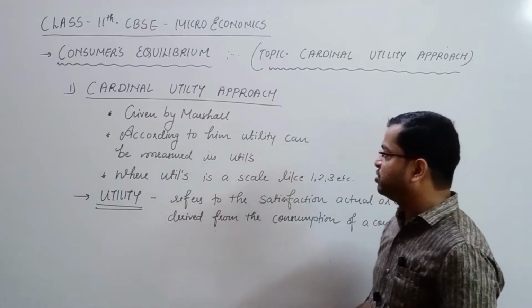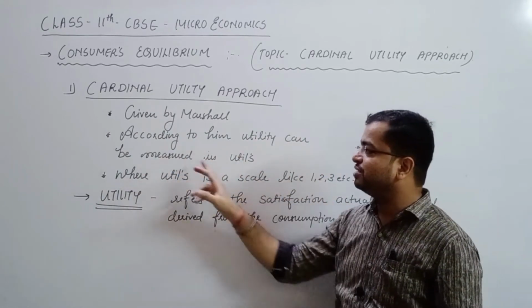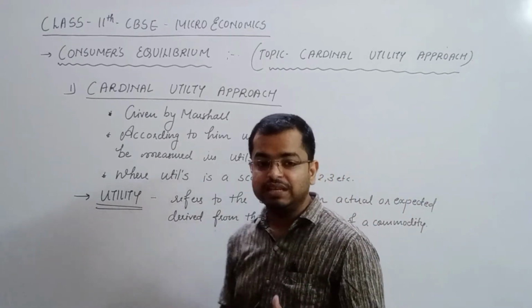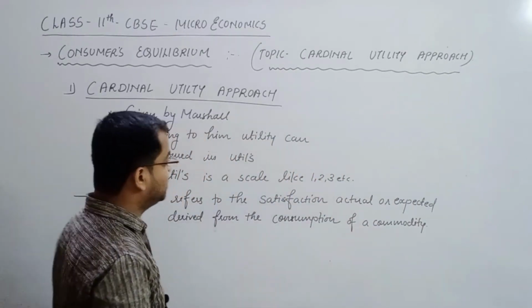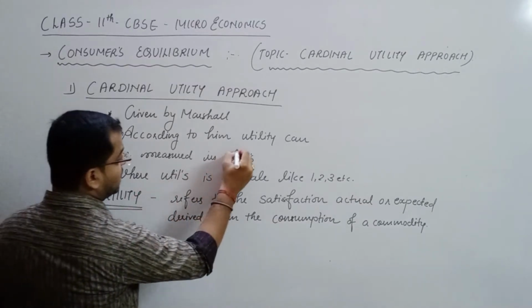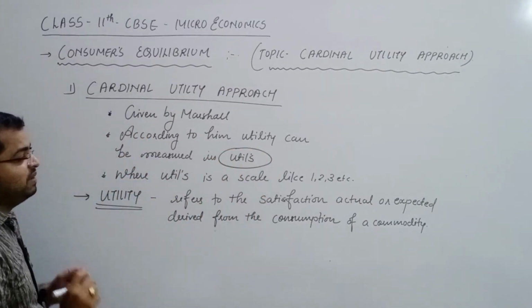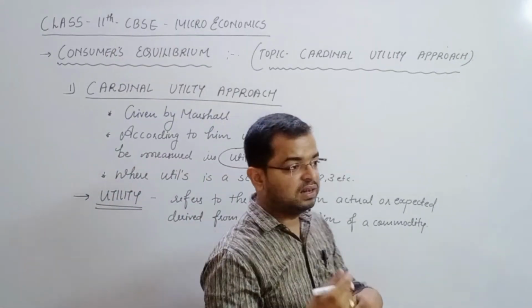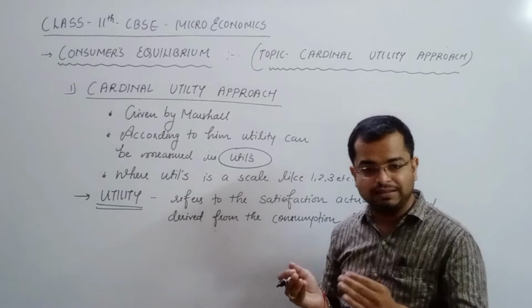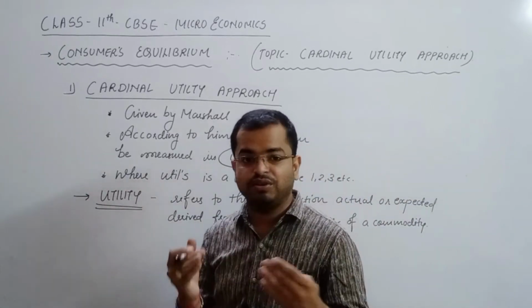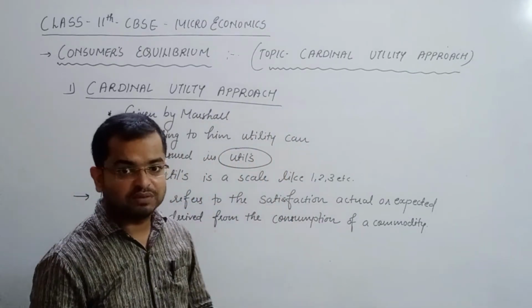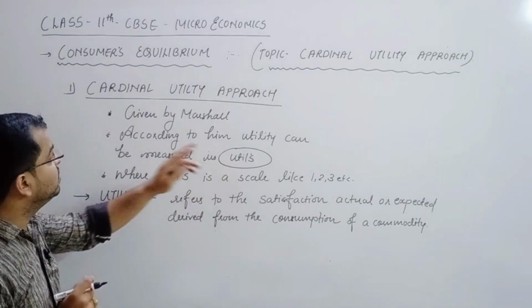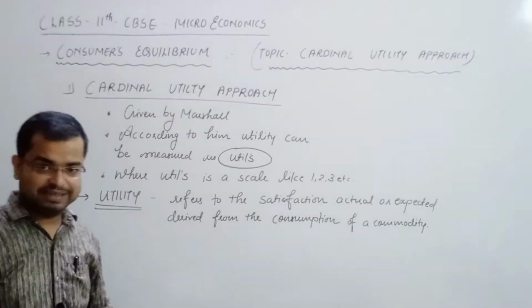According to Marshall, utility can be measured in utils. Yes, Marshall has introduced the unit for measuring utility, and he said that utility can be measured in utils. In the same way that we measure liquid in liters or other things in kg or grams, utils is a measure derived for calculating the value of utility.